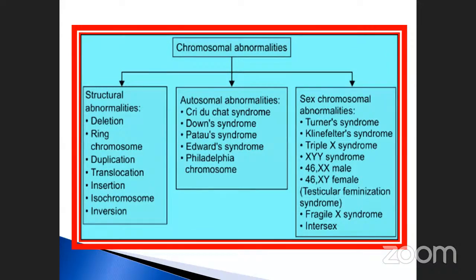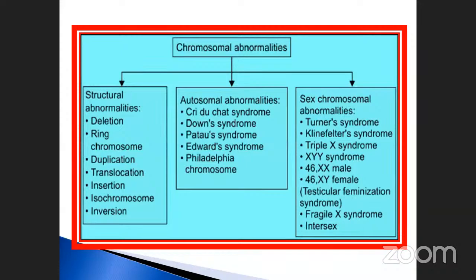It may express in the next generation, meaning it leads to some disease or syndrome. See here, the symptoms and abnormalities are tabulated in the chart. First, the structural abnormalities. Suppose a chromosome contains 100 or 300 genes, and a single allele or gene is altered.